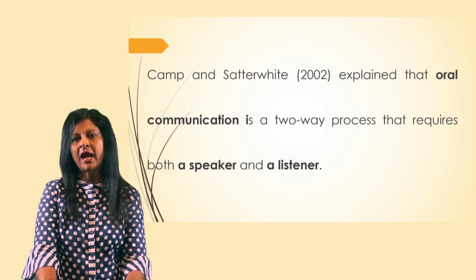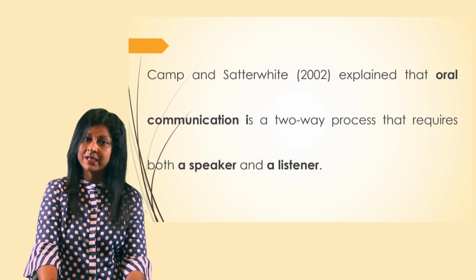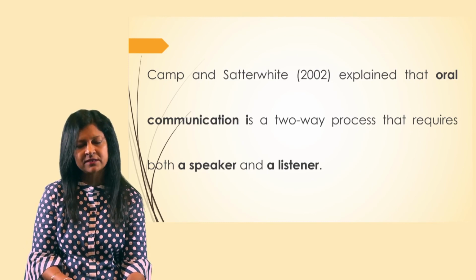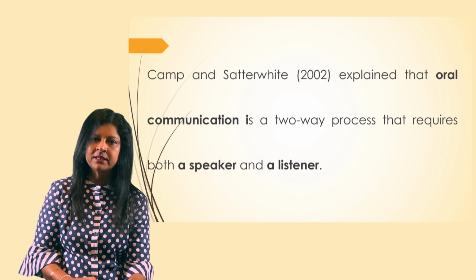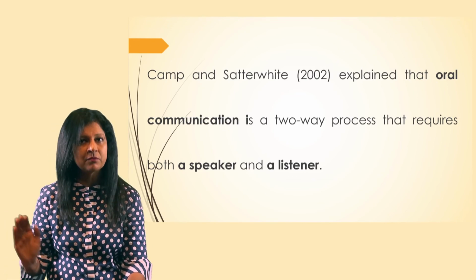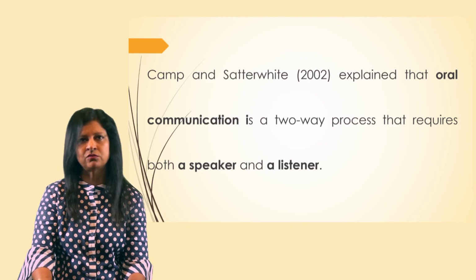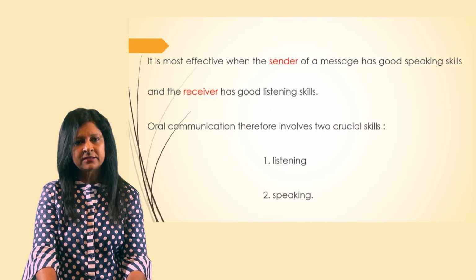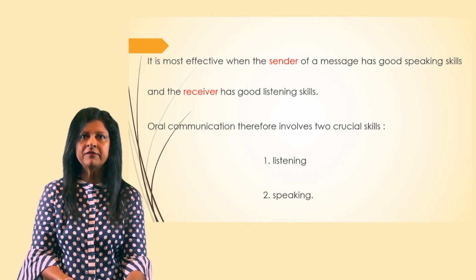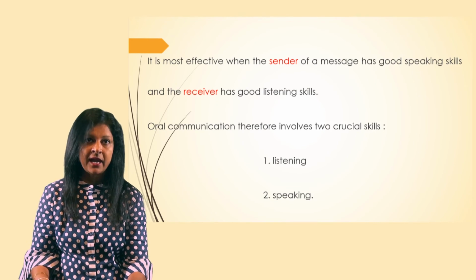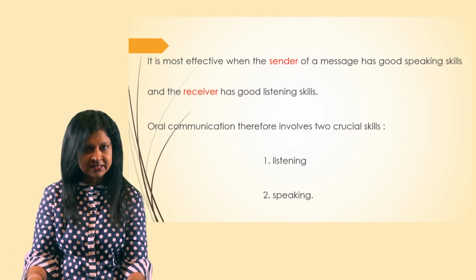According to Camp and Satterwhite in 2002, oral communication is a two-way process. That means it requires both a speaker and a listener. The speaker would speak and the listener would listen. So there are two people, and that is a two-way process. It is most effective when the sender of a message has good speaking skills and the receiver has good listening skills as well.